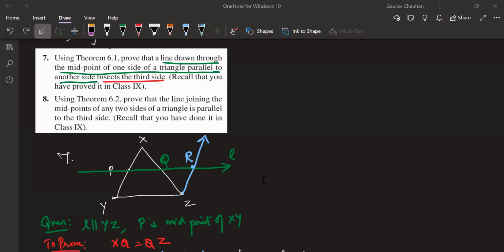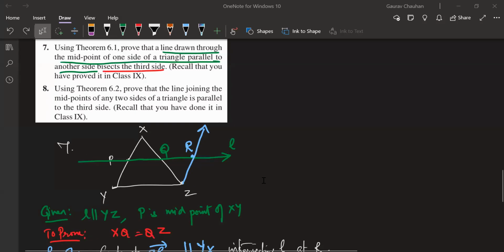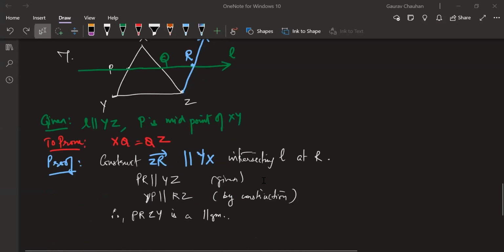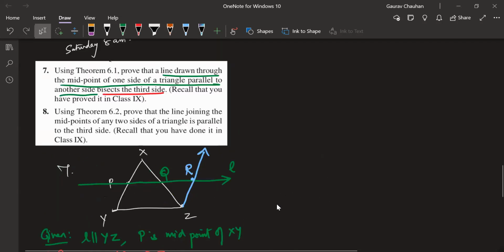No, we can't do that. That is definitely possible. This proof is there in class 9, and we can do that proof. But the question is specifically asking us to use the basic proportionality theorem, right? The path in which you are going is not going to use that.